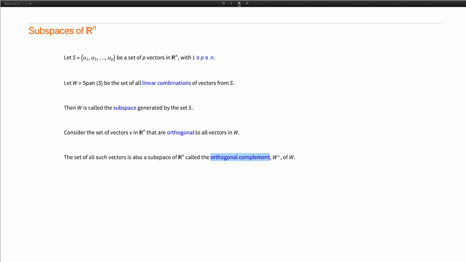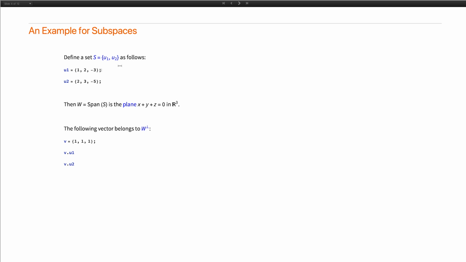Okay, so with that, let's take an example. So here is a set U1, U2, just two elements. And notice that if you add the x, y, and z over here, you get 0 in both the cases. So 1 plus 2 minus 3 is 0, and 2 plus 3 minus 5 is 0. So in other words, the subspace over here is the plane x plus y plus z equal to 0 in 3-space.